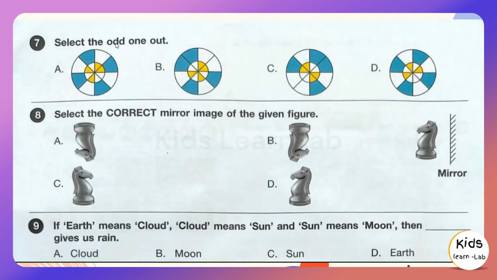Seventh question. Select the odd one out. So figure A is having a few parts filled with colors blue and yellow. In the same way, B, C and D are also filled with blue and yellow colors. So let's count how many parts are filled with blue. 1, 2, 3, 4. So 4 yellows.